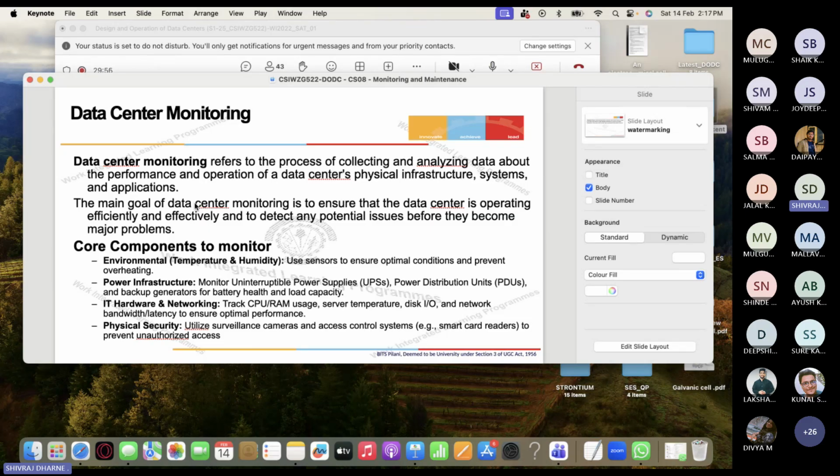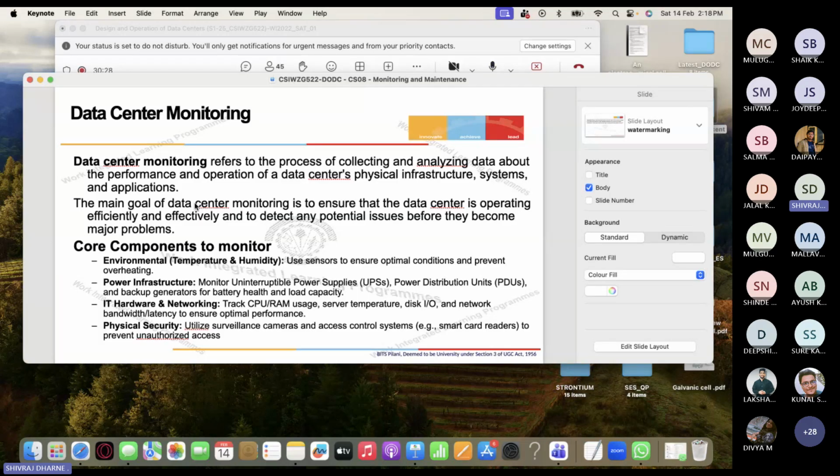Are our applications running on the data center fine? The main goal is to monitor and check operating efficiency and effectiveness, and detect any potential issues, because we expect the data center to run continuously without interruption. 99.9999%, it should be fully functional and working.